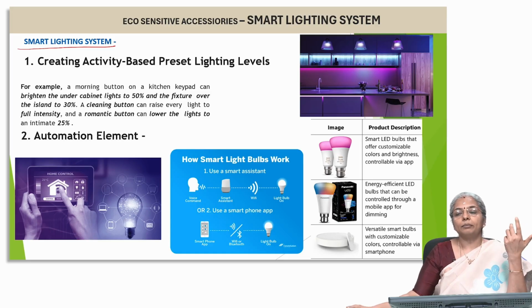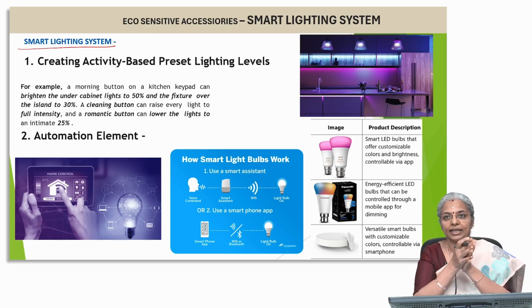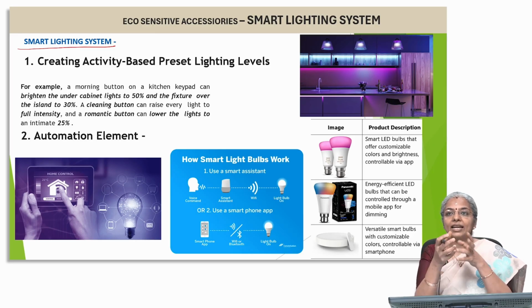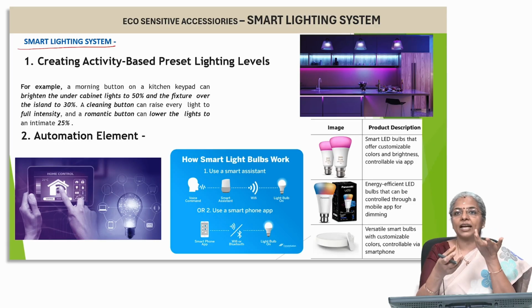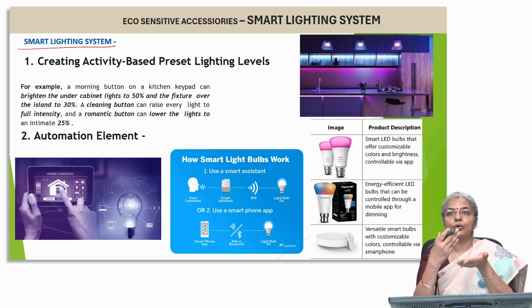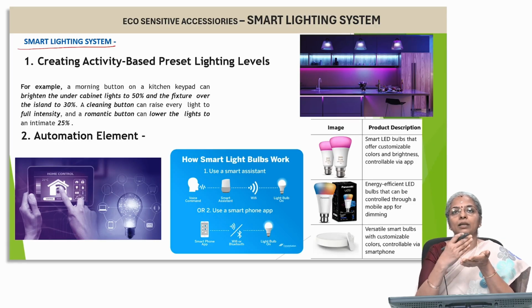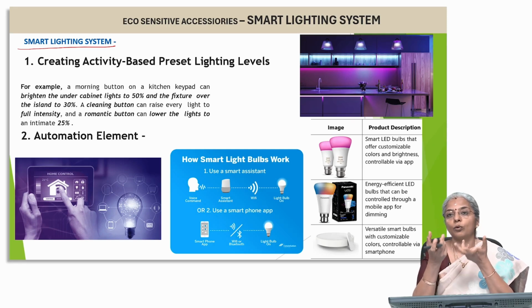So, in this manner, depending upon the activity that would happen in a kitchen area, you can alter the lighting levels. A cleaning button can raise every light to full intensity because you need to see whether the utensils are cleaned properly and you may require more lighting.